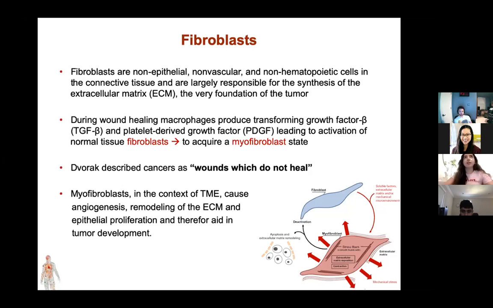What the tumor does in the context of the microenvironment to be able to grow is basically treat this microenvironment as a wound that never heals, so that this myofibroblast state keeps on continuing. We're getting a lot of growth factors and a lot of angiogenesis, with blood vessels coming into the area, allowing the tumor to grow.